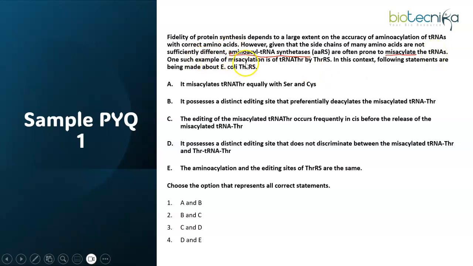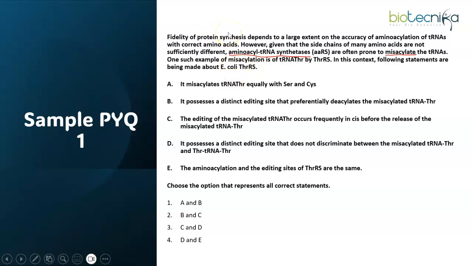One such example of misacylation is of tRNA threonine, the tRNA that has the anticodon for threonine, by threonyl tRNA synthetase. Now, in this context, the following statements are made about E. coli threonyl tRNA synthetase.